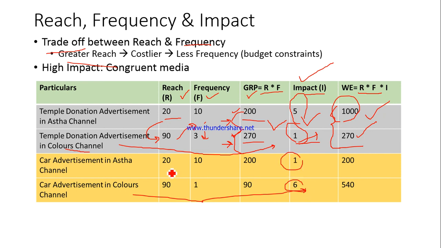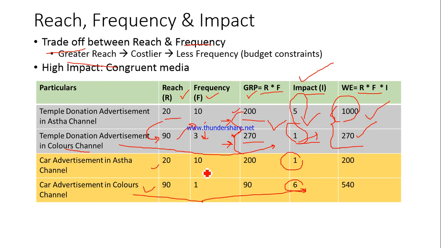Is that fine? Again, the reach is 20 in case of Astha, and in case of colors channel the reach is 90. The frequency is equal to 10, which means on an average the target audience is getting exposed to your ad at least 10 times.